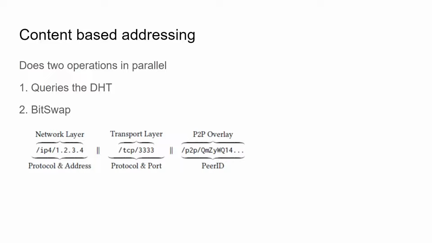The second operation is to request the content from all its known neighbors using BitSwap, a sub-protocol within IPFS, where the node will inform all its known peers of its want list, a list of all content a node is interested in. Then, these data providers will reply without coordination, meaning that data providers will not take measures to ensure data is not duplicated.